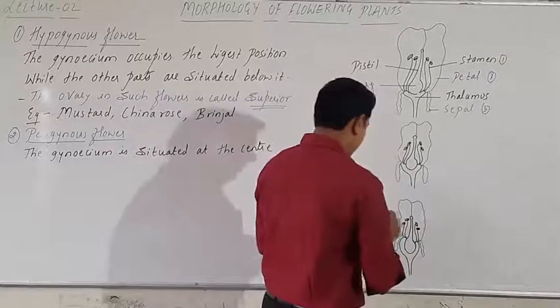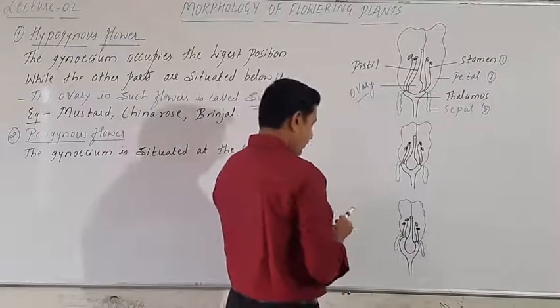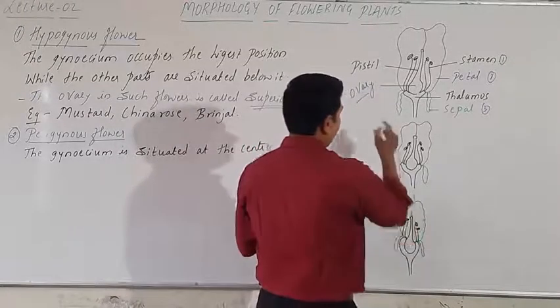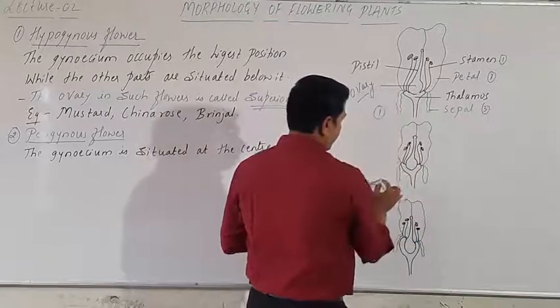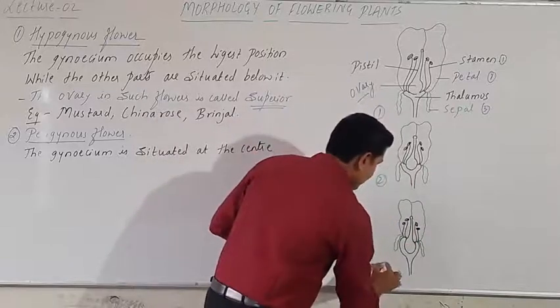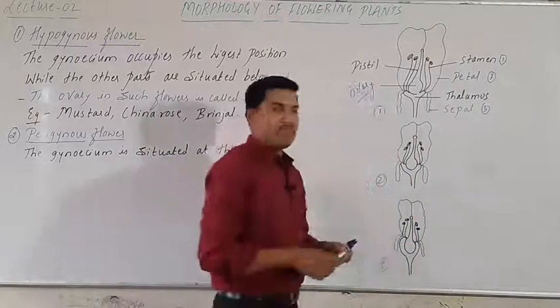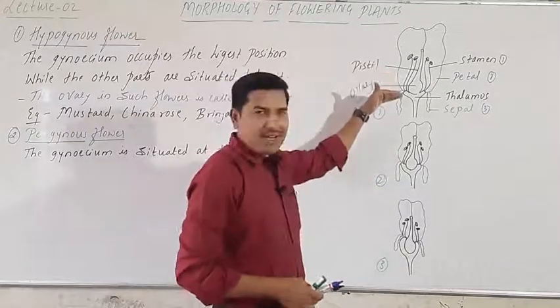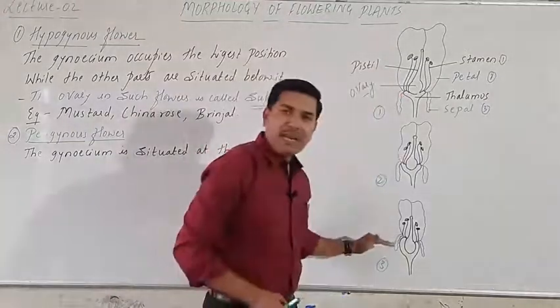So this is the first one, second one, this is the third one. This is hypogynous flower, perigynous flower, epigynous.